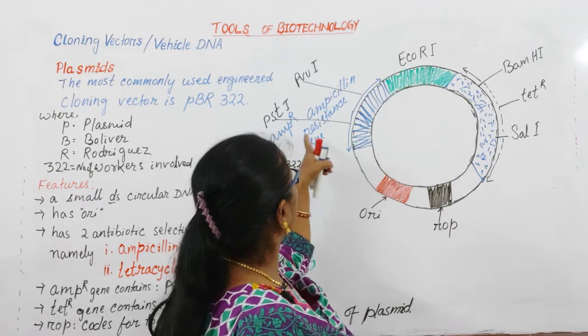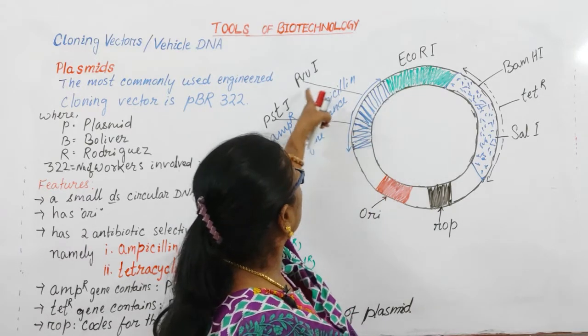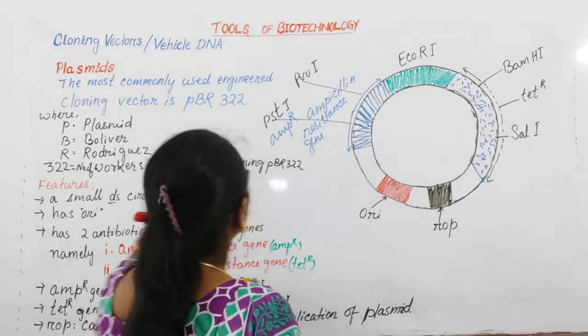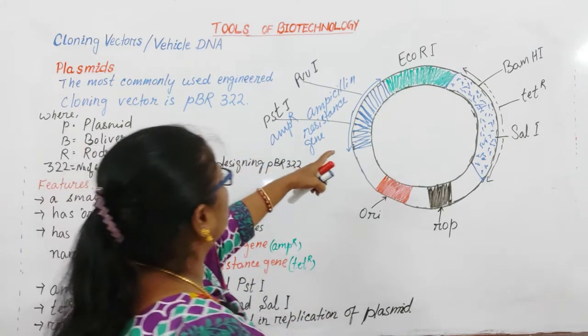And this is the ampicillin resistance gene, within which PstI and PvuI sites are used.